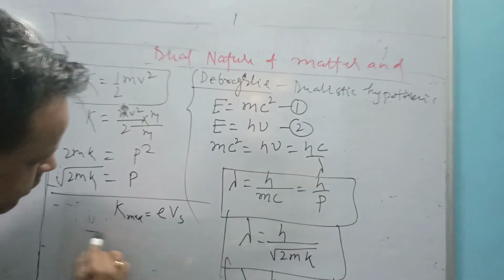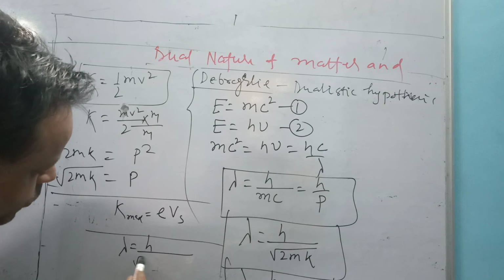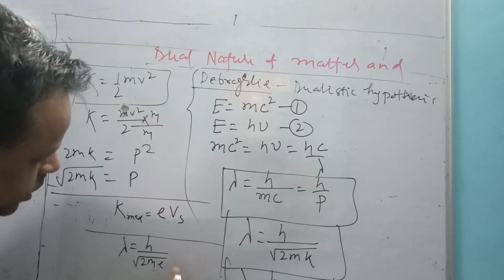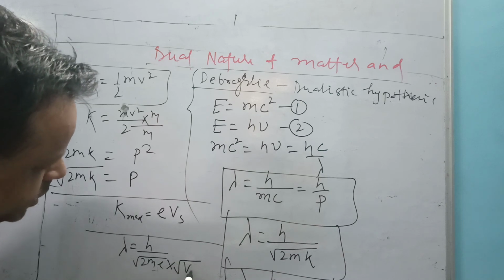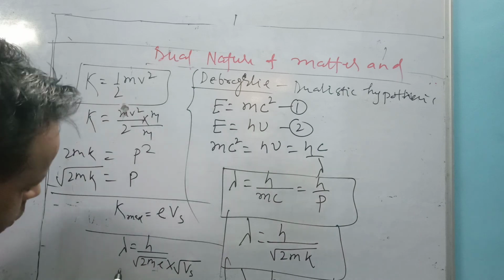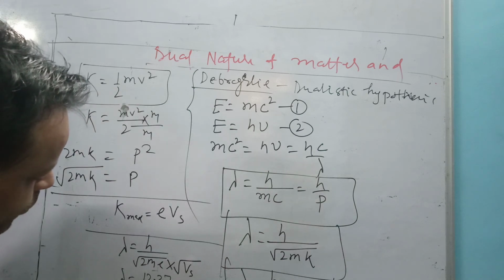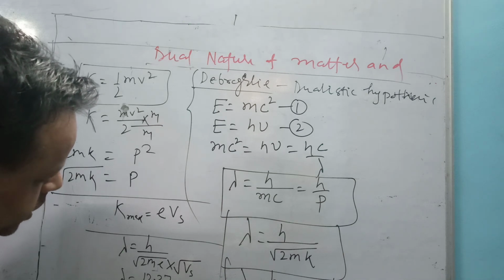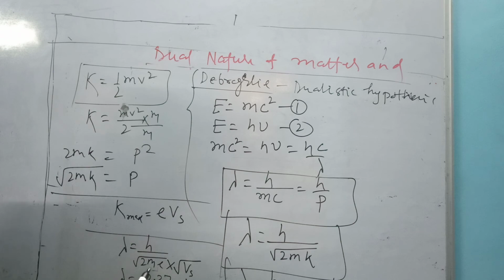See, there are a few questions in which lambda is h by root over 2meVs. All things are constant, and Vs, the potential, we don't know. The solution of this will be 12.27 upon root V, and this is in Angstrom, because this is Planck constant, this is mass of electron, this is charge on electron.